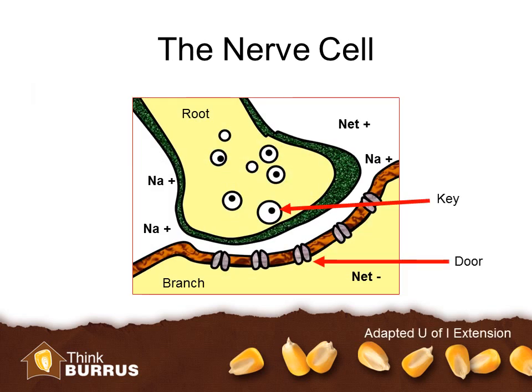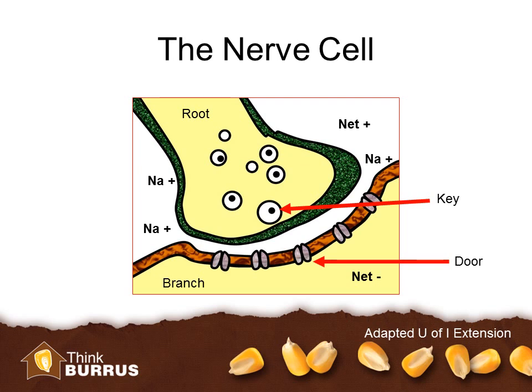Remember, the ability of a nerve cell to fire is based on the charge inside the cell changing from a net negative to a net positive charge. The inside is more negative and the outside is more positive. A chemical signal is released from one neuron and is inserted into the door of the next neuron.